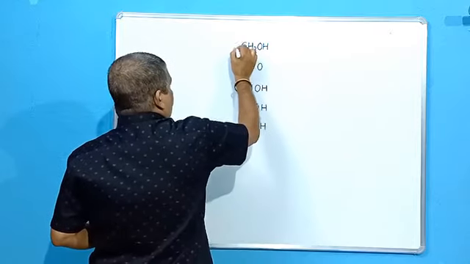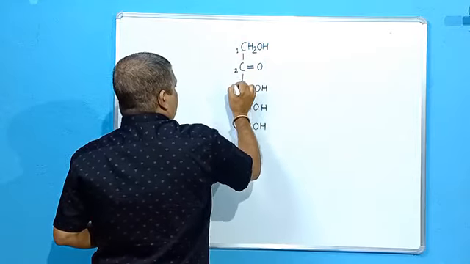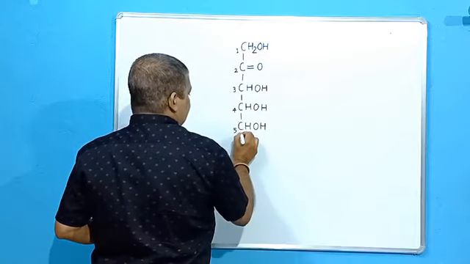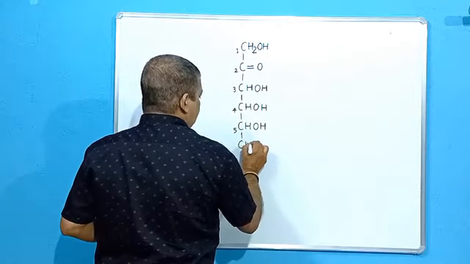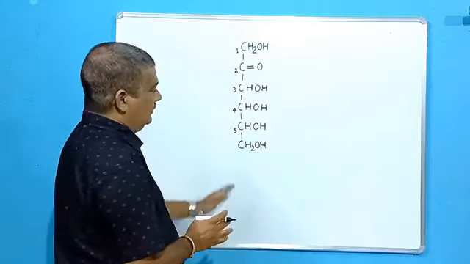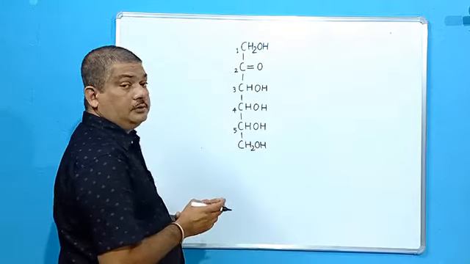So, this is carbon number 1, 2, 3, 4, 5, and at last again CH2OH. Okay, so this is the open chain structure of fructose.